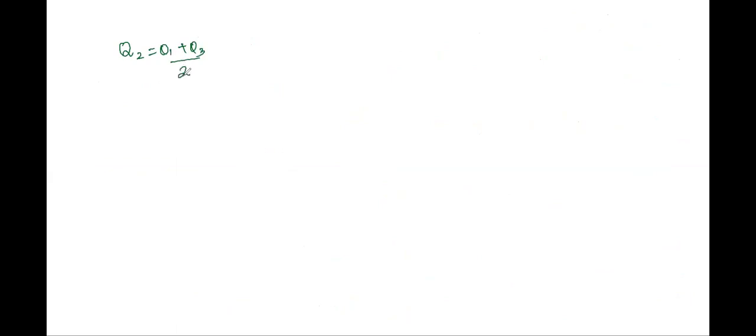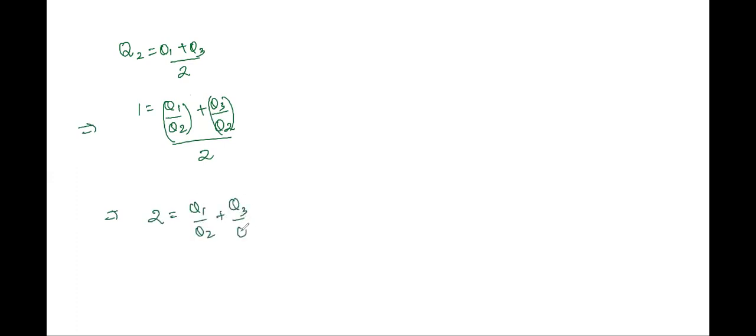I think we can divide this expression by Q2 on both sides. So let's see what we get. If we divide both sides by Q2, then we get 2 is equal to Q1 by Q2 plus Q3 by Q2.